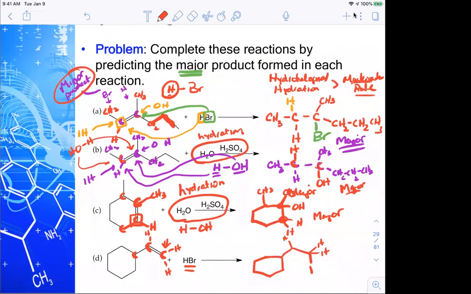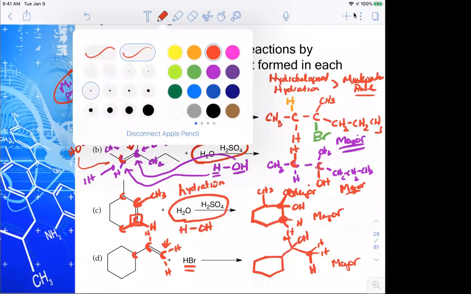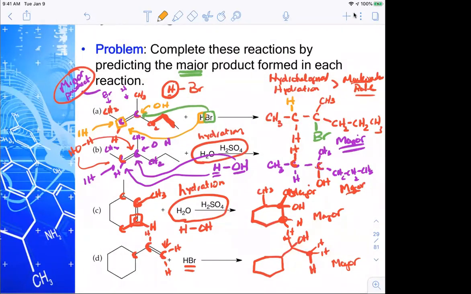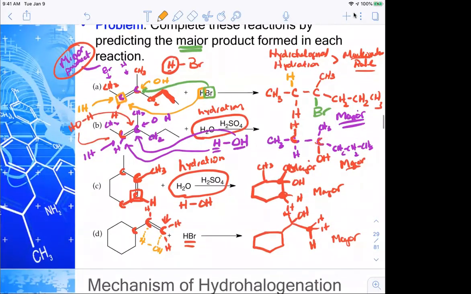My hydrogen ends up here, and then my OH ends up there. And this is going to be my major product. Notice again that if I did it the other way and I ended up with the OH connected to that carbon and the hydrogen connected to that carbon, that would actually produce the minor isomer. If I see any of that, that's going to be minor.